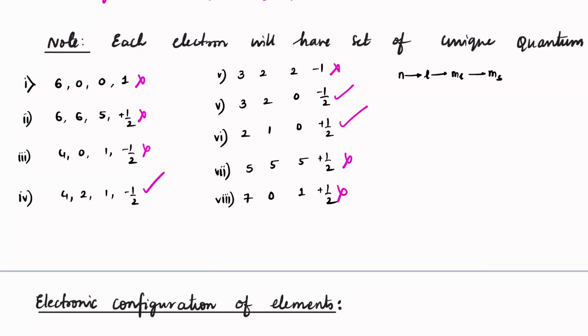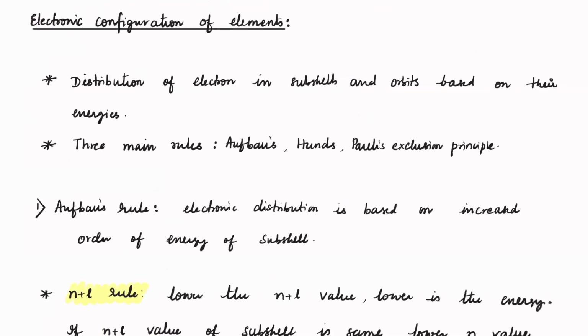How to figure out what are the quantum numbers for various electrons. Okay. Now, how do we assign these quantum numbers and how many electrons can be stored in every orbit, orbital, and subshell?